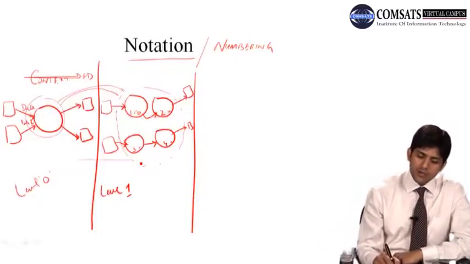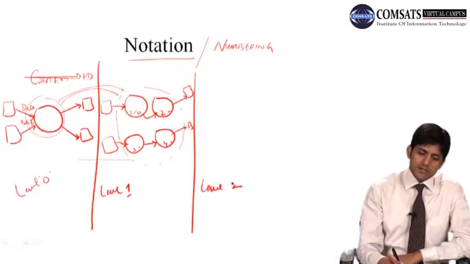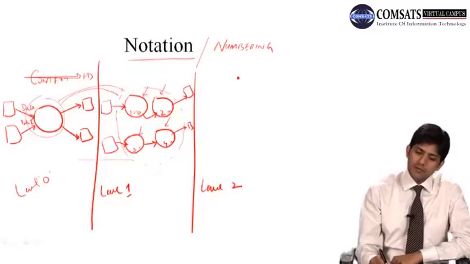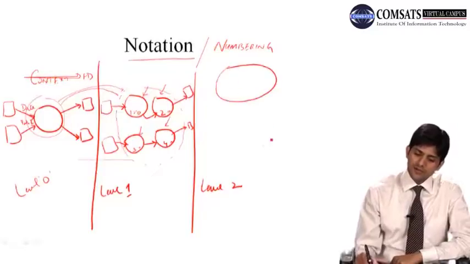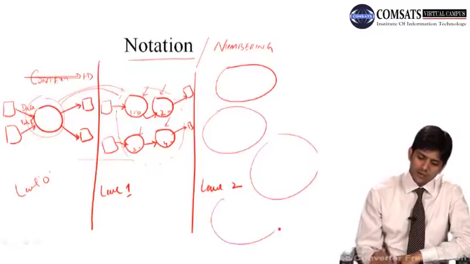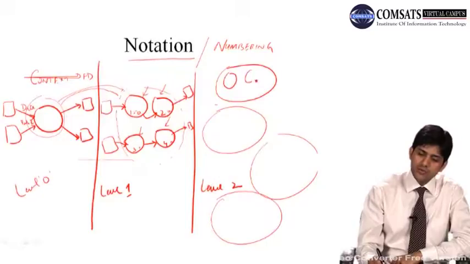Okay, when we move to level 2, then this is something interesting. Because for all these 4 processes, we can make 4 different level 2 DFDs, okay? So let's say we decompose 1 into 2 sub-processes, we call them 1.1 and 1.2, okay?